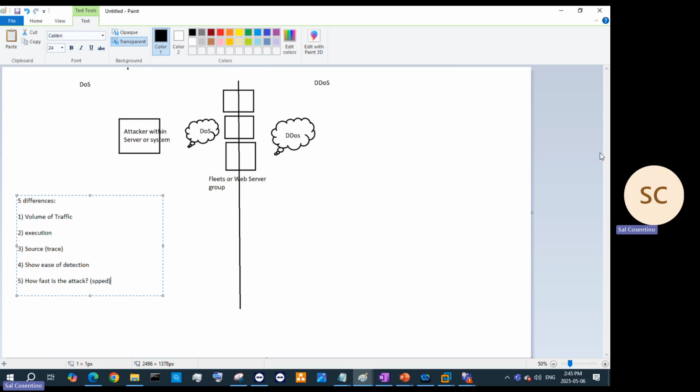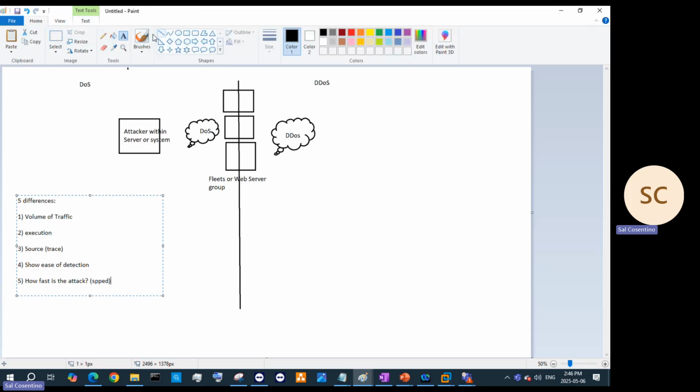When we talk about volumes, how does it transmit less amounts of traffic? So if we look at our picture here, right, we have our attacker within a server or a system, and he is using his own proprietary server to compromise and infect multiple computers on the internet, right?